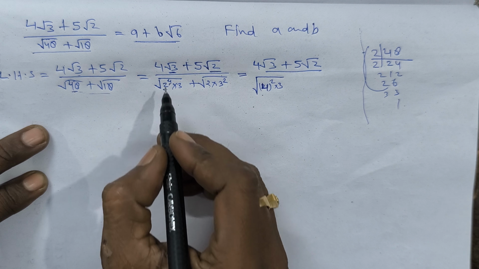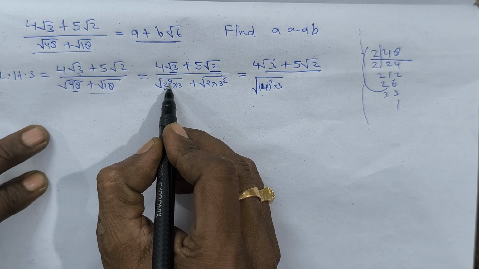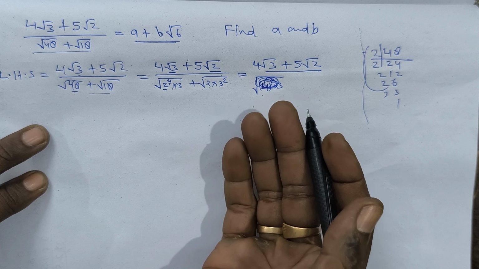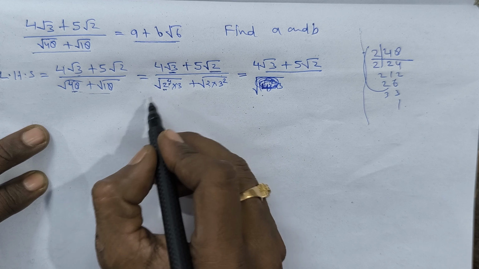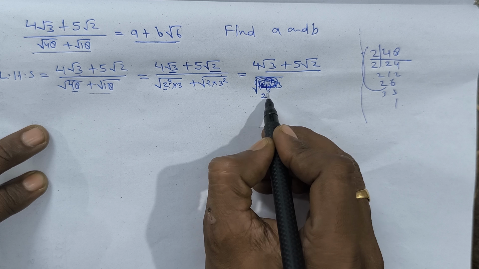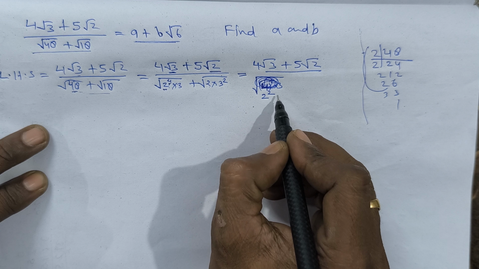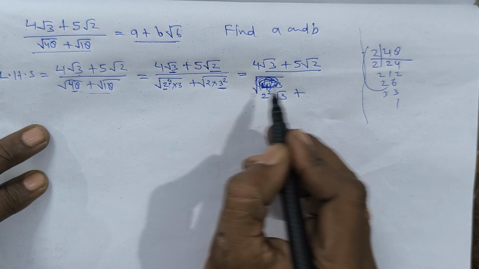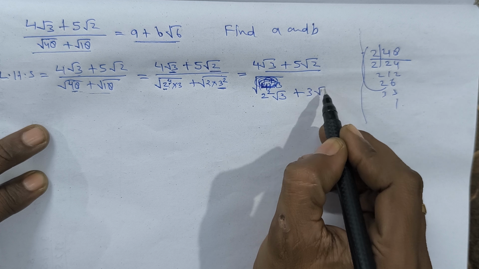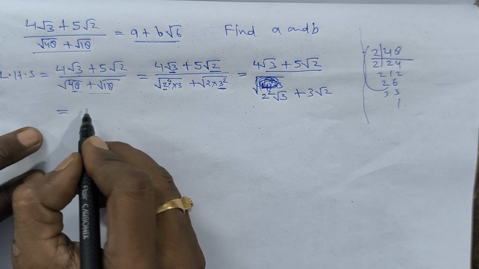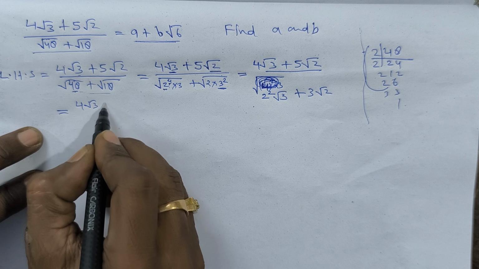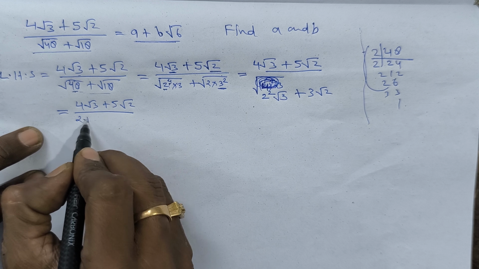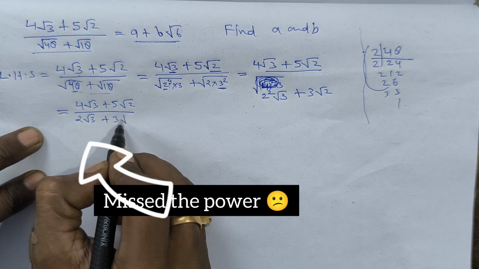Whenever an even power is inside the root, we can take half the power outside, so it becomes 2 power 2. Then root 3 is alone, plus 3 will come outside, 3 root 2. Understood? So what we have now is 4 root 3 plus 5 root 2 upon 2 root 3 plus 3 root 2.